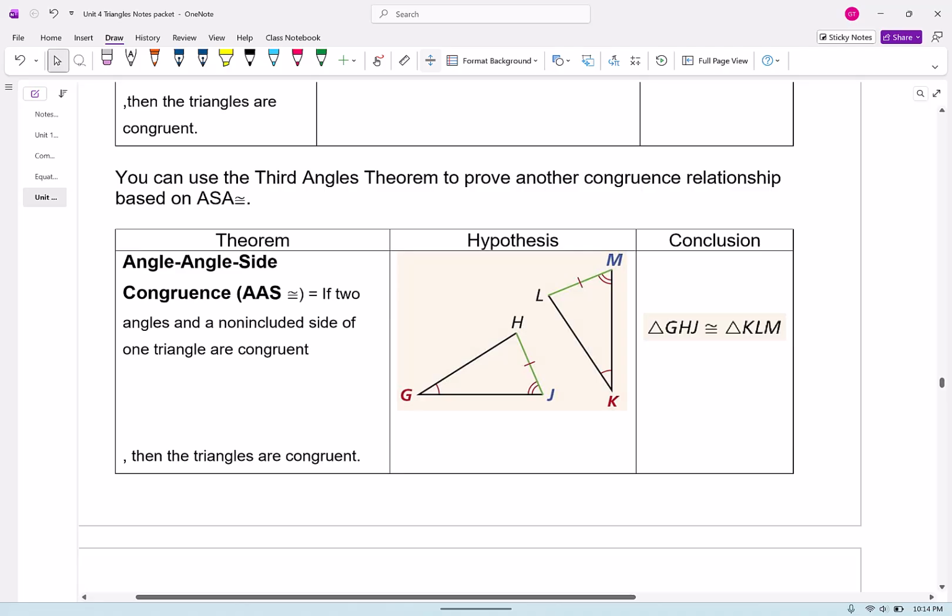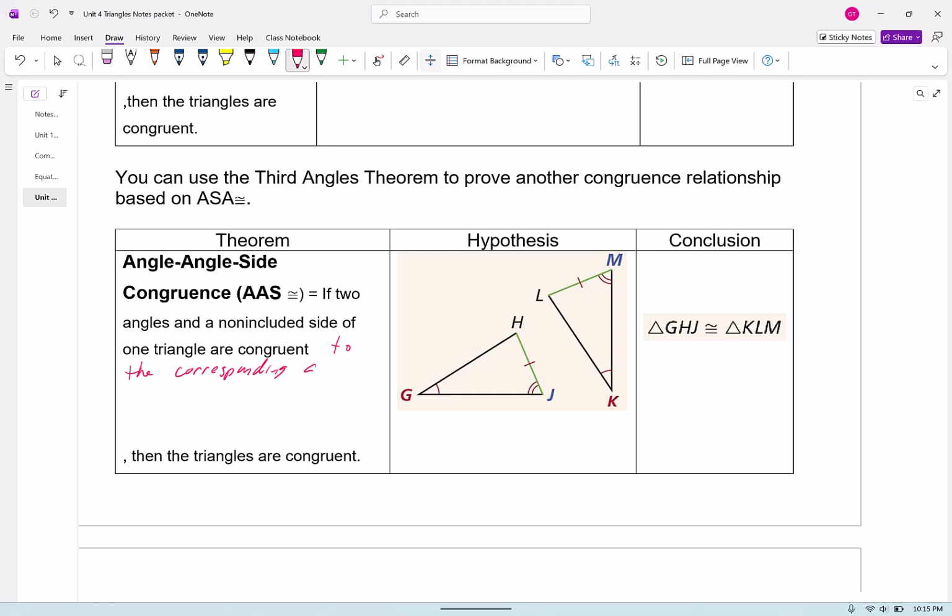So if 2 angles and the non-included side of one triangle are congruent to the corresponding angles and non-included side of another triangle, then they are congruent.